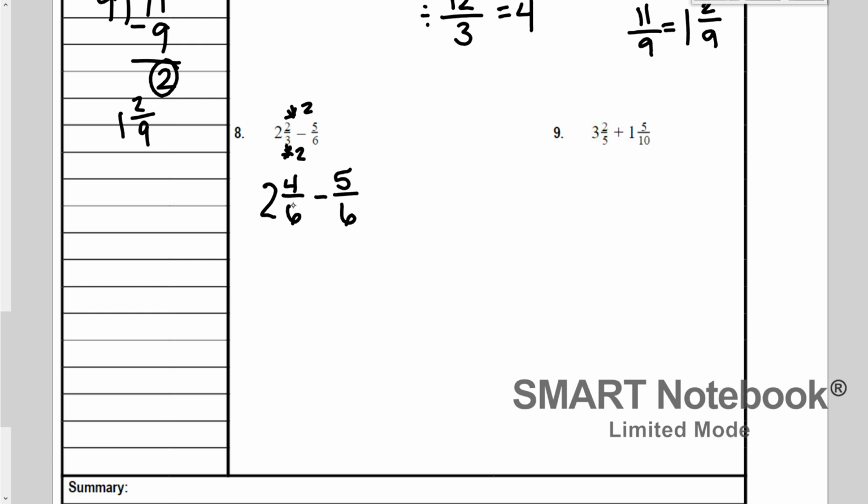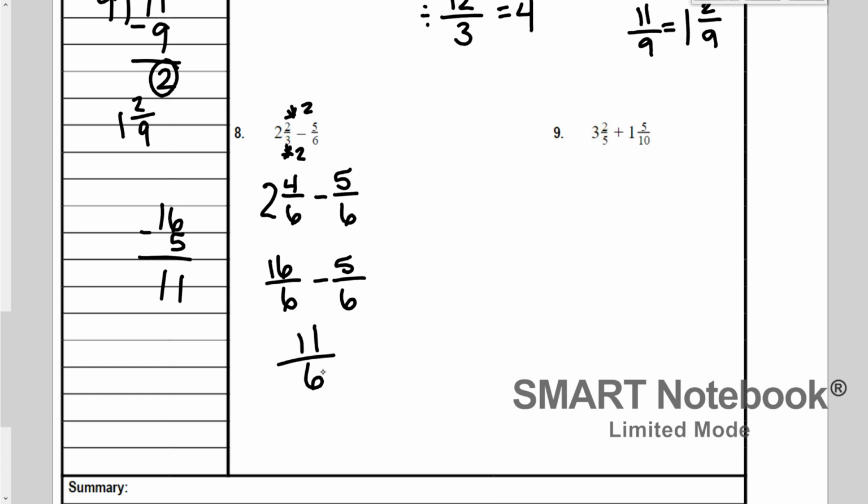Here I'm going to make this mixed number improper, so I would do 6 times 2 is 12, plus 4 is 16 sixths, minus 5 sixths. 16 minus 5, again, if I don't know that, I can always pull it to the side. I can use my fingers to count, whatever you need to do to get that answer of 11 sixths.